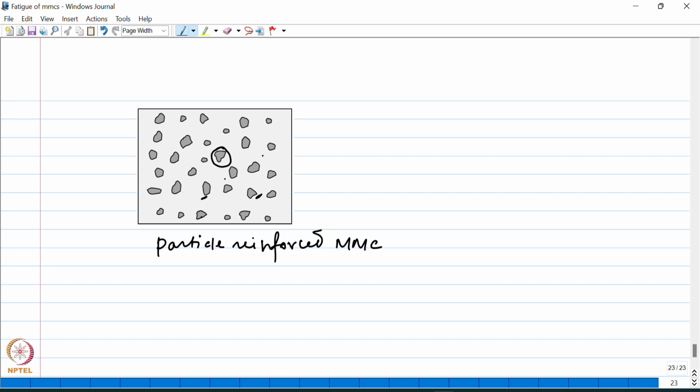Okay, as I said. And the other thing that you can note about the interaction of the particles with respect to the propagation of the crack, especially in smooth bar samples, is the fracture of the particles.